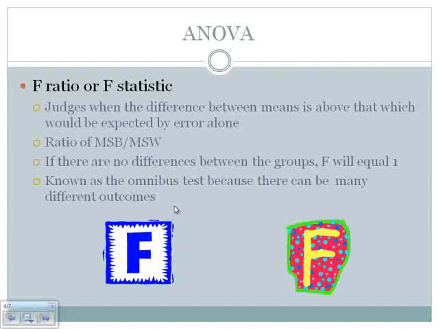Let's say that's what we were doing for an independent t-test, or if we're doing a dependent t-test, you knew the difference was between the pre-test scores and the post-test scores. But when you're dealing with 3 or more groups, you don't know where those differences lie. And we'll talk about what you would do if you had a significant F-test in a few moments.